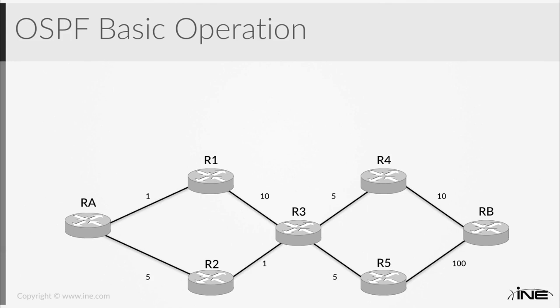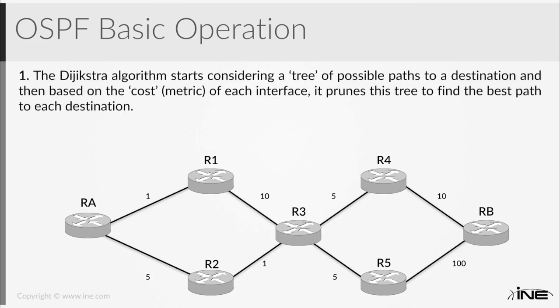And this is what the algorithm does. It creates a tree indicating the shortest path to a destination. So you can see different values from the links. We will see how we eliminate links based on the cost.